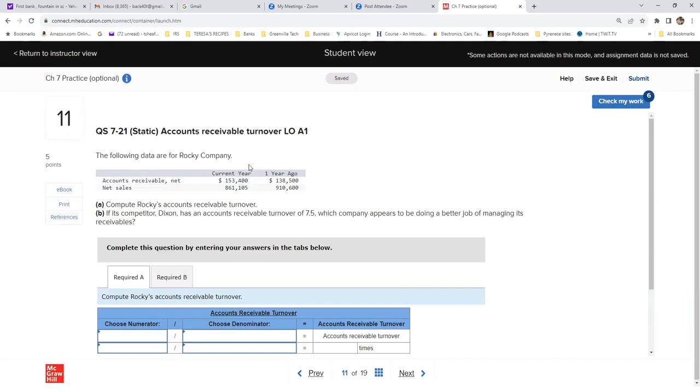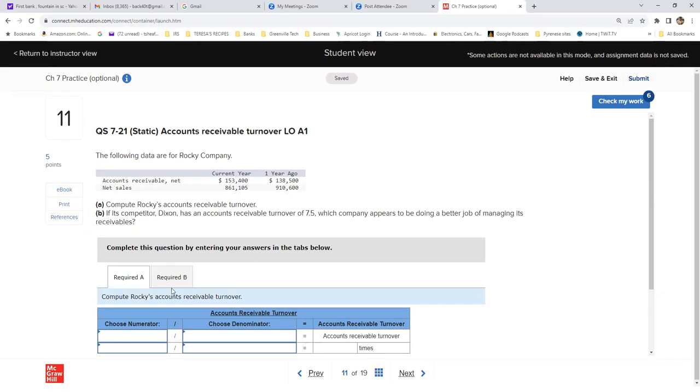Now, you want a lower number. Wait a minute, take that back. You want a higher number on this, showing that you're quickly collecting your accounts receivable. That's the purpose of making this calculation. All right, so let's see what we're looking at here. Gotta pull my notes out. Make sure I get the numbers right.